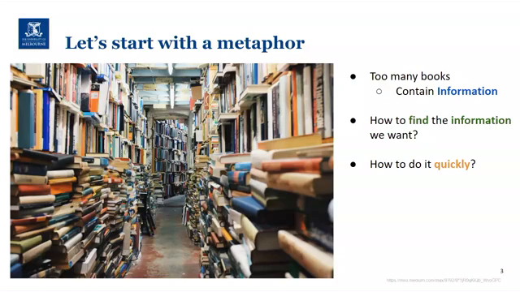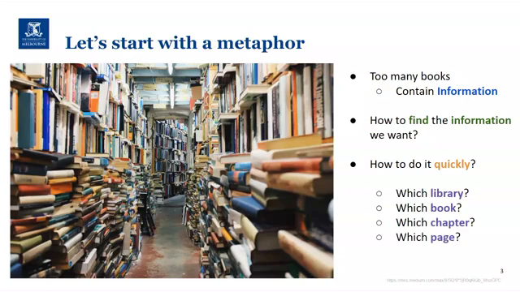In order to do that, we need to organize our data properly. For instance, our data could be in a library in Victoria, but which one? We're interested in understanding quickly how to access the data, for instance, which library it is, which book it is, which chapter it is, and more specifically, which page. We don't want to go to every single library to check every single book and every single chapter to find the information we want.